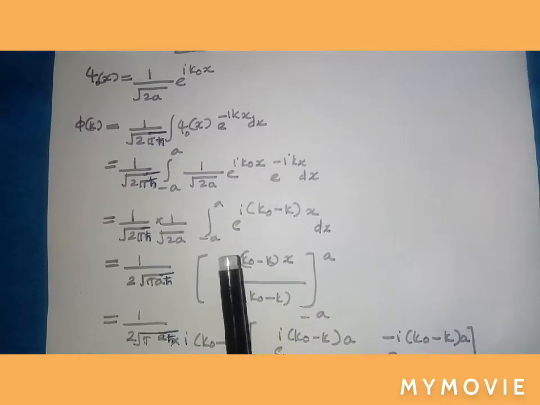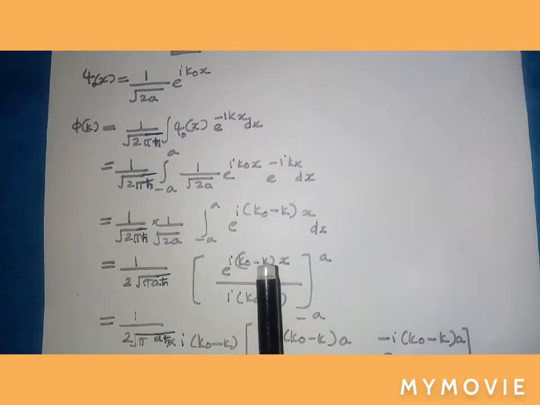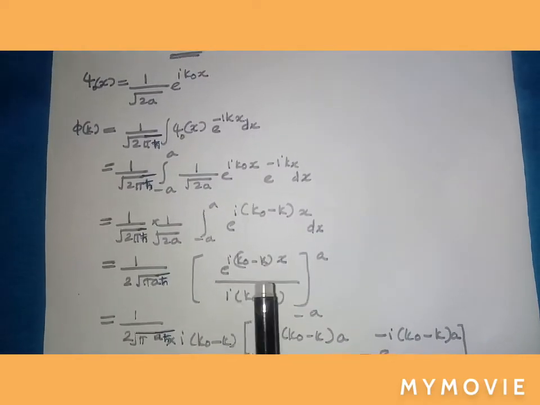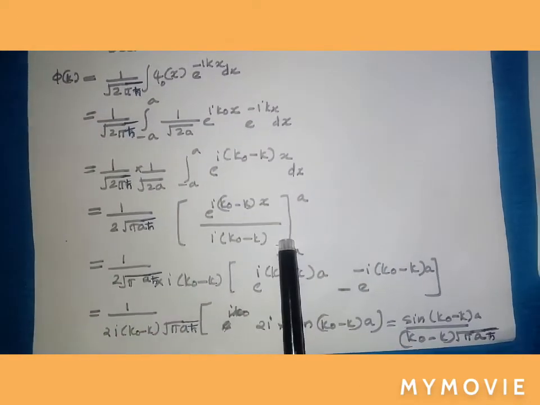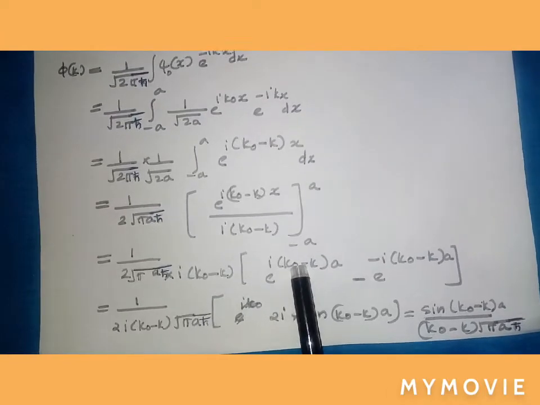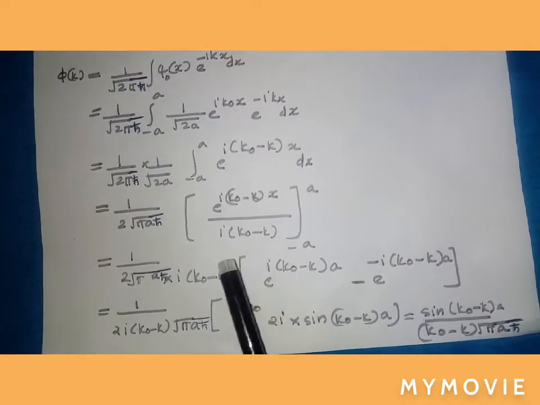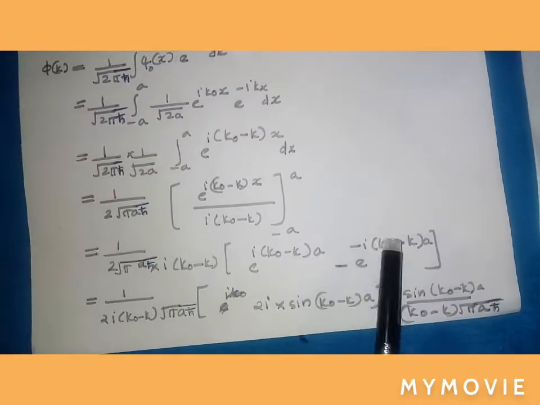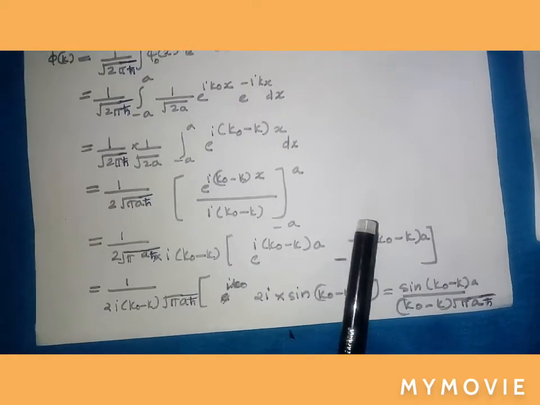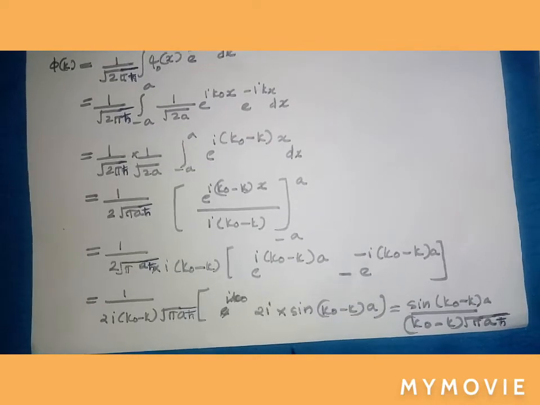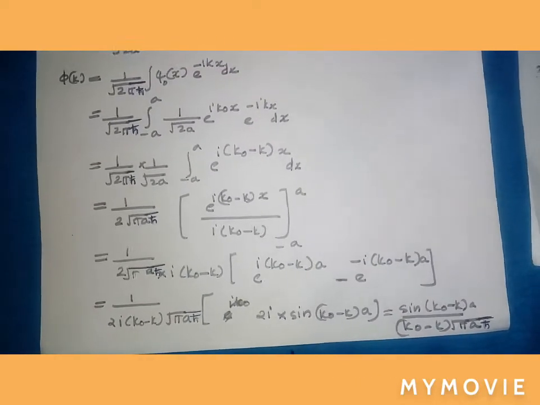So here also e raised to i k naught minus k into x divided by i k naught minus k, and put the limits. We get, here is a constant, take outside, and also put the limits and we get e raised to ix minus e raised to minus ix form.